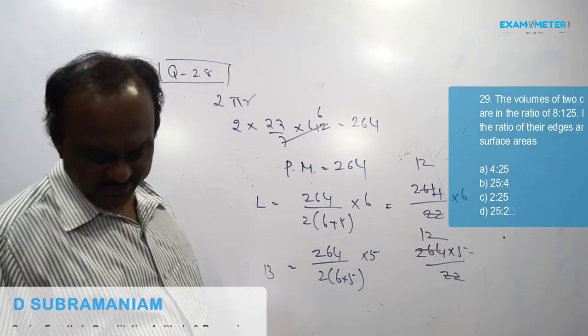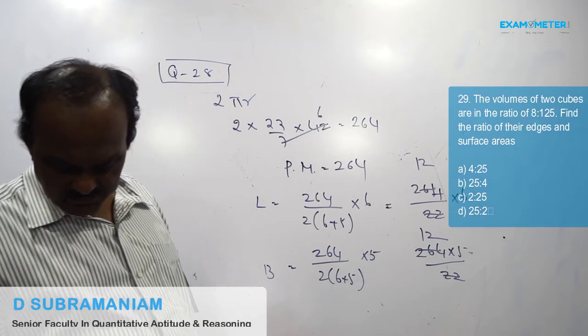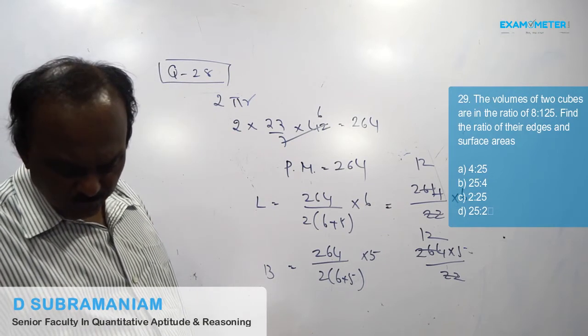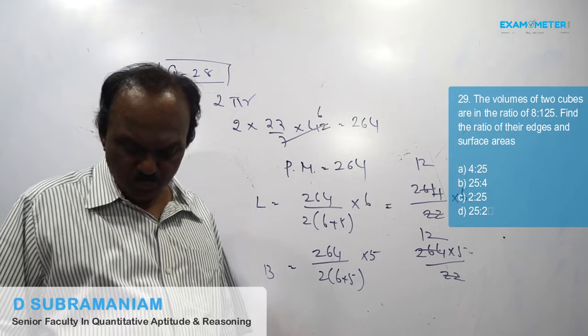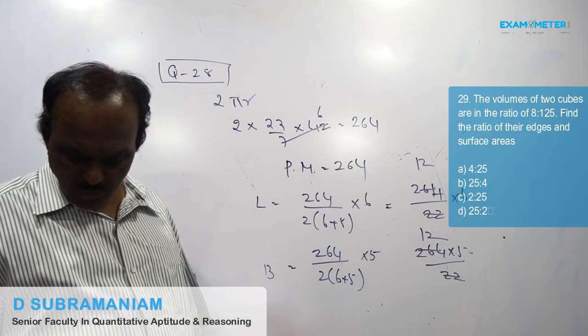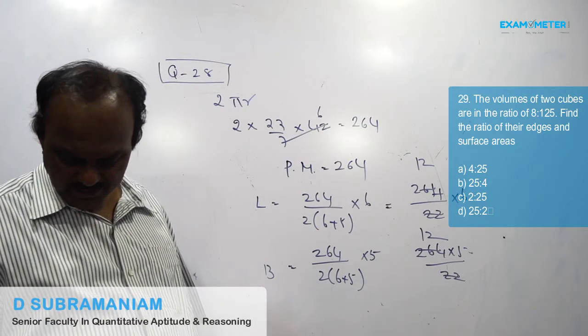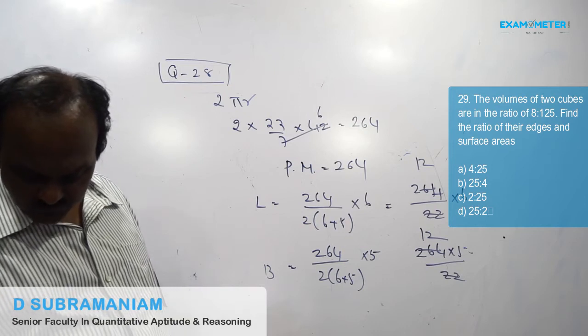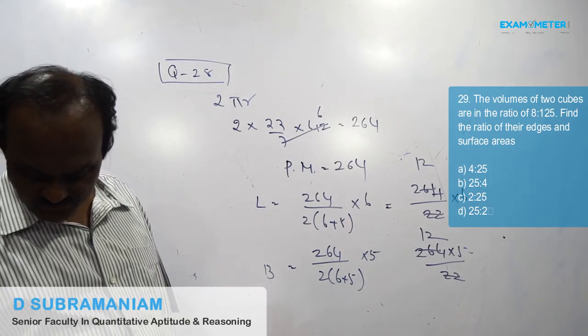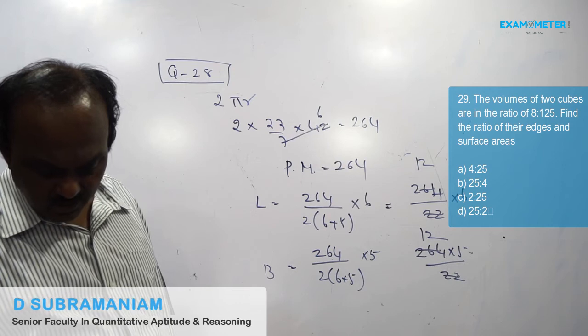Question number 29. If the volume of two cubes are in the ratio of 8:125, the ratio of their edges of surface area is.